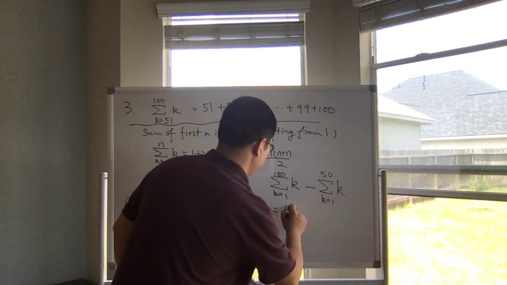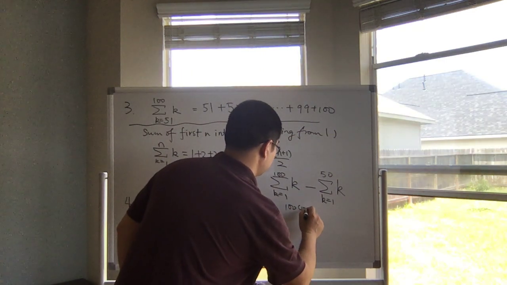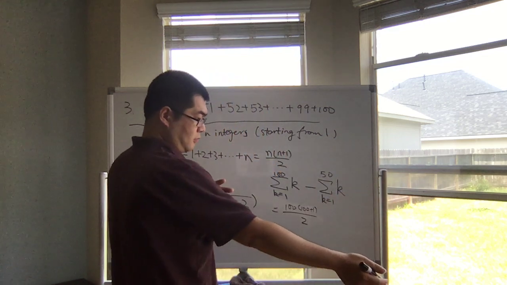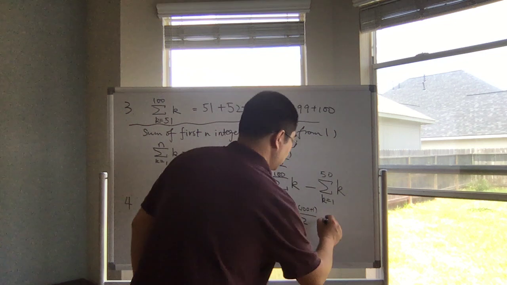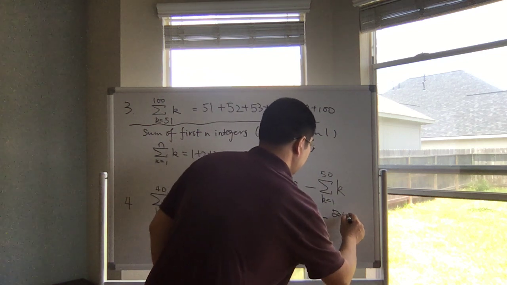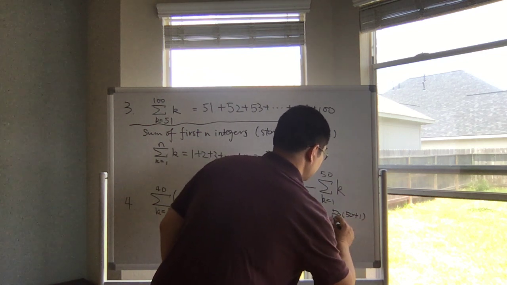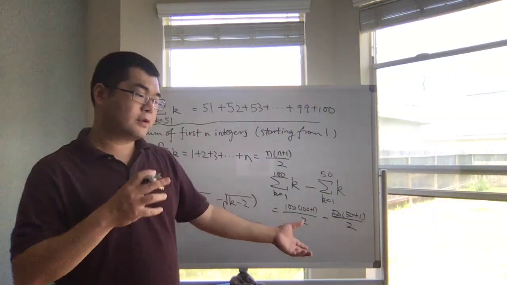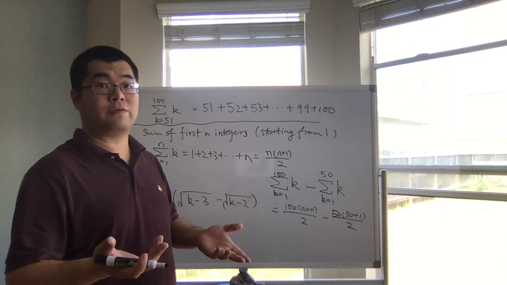It's going to be 100 times (100 plus 1) over 2, the sum of the first 100 integers, minus 50 times (50 plus 1) over 2. Those are the summation of the first 50 integers, starting from 1.